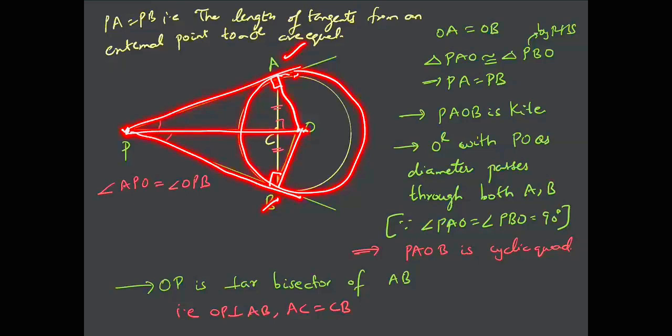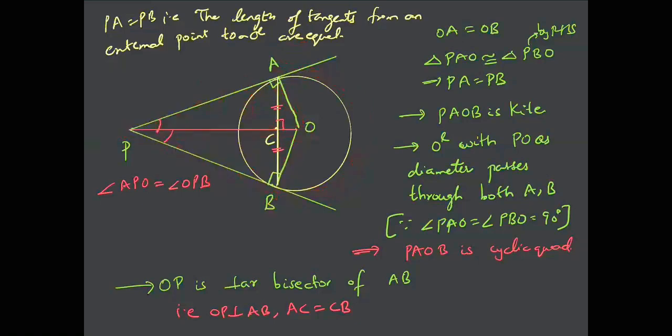And since these two triangles are congruent, PA is equal to PB. So this quadrilateral PAOB was our kite and it was cyclic. And if I draw a circle with PO as diameter, it will pass through A and B. It is pretty important, so note all the points down clearly. I'm giving you 1.5 minutes to note it down.